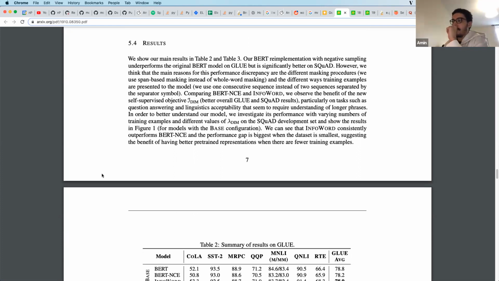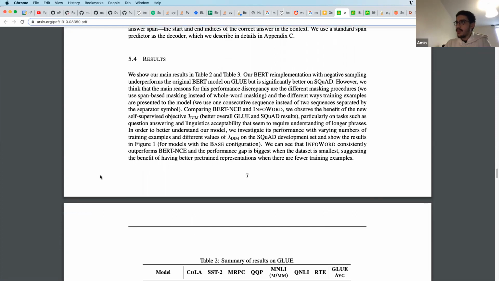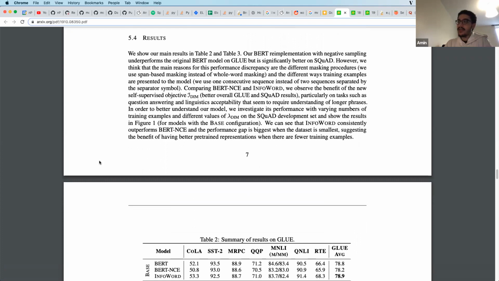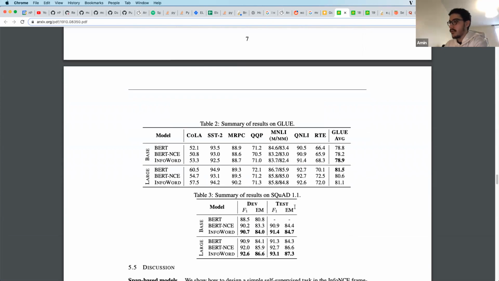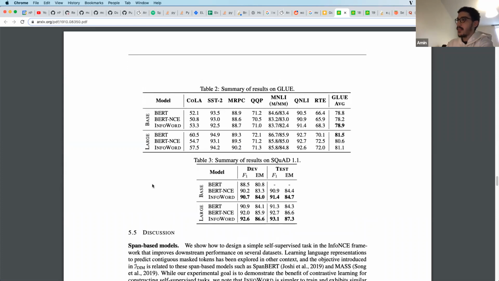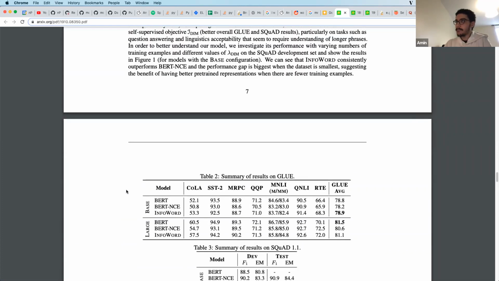So how do the models perform? It seems like it depends on the task, and it seems like the InfoWord model performs better on specific tasks. You can see that it performs better than the BERT NCE on question answering and linguistic acceptability.